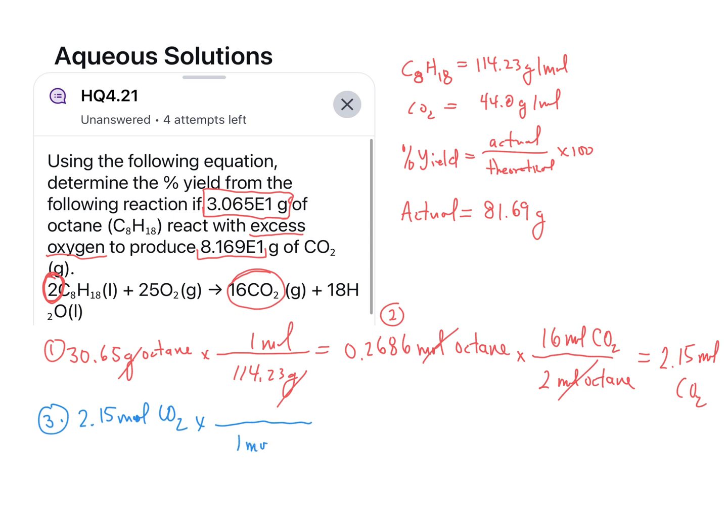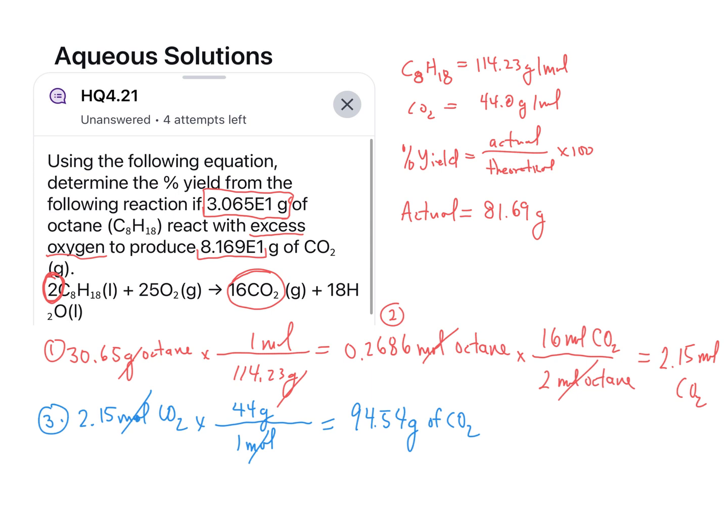The molar mass tells us for every 1 mole of CO2, I need 44 grams of CO2, so moles cancel out, we multiply by 44. And we should have made about 94.54 grams of CO2. So that's our theoretical yield. We theoretically should have got 94 grams.